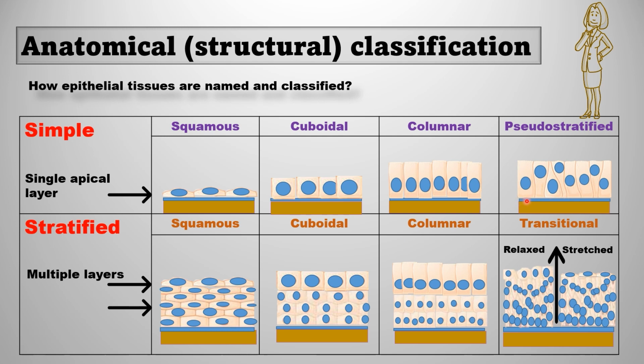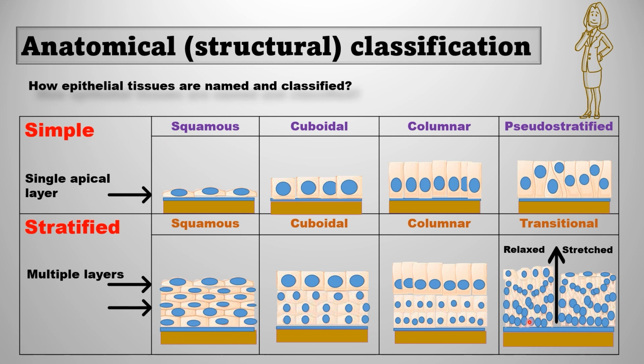They don't have two or different basement membranes. So this is a single layer. It is not multiple layers, and the appearance is fake. It is not stratified, it is simple, and this is why we put it here with the simple group. Because it's fake, we call it pseudostratified epithelium, a fake multiple layer, but it belongs to the simple group.